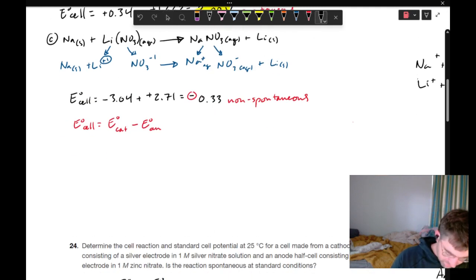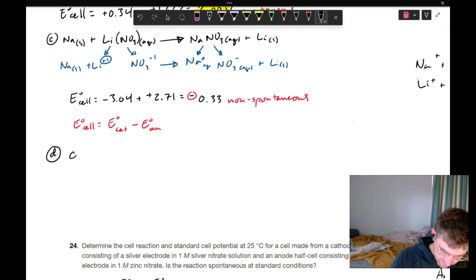All right, last one. We had calcium, actually, you know what? We're going to skip this one because it's exactly the same as we just did. You just have multiple nitrates, so that'll be +2 charge here, -2 total charge there. It's the same problem we just solved, just a little bit different.